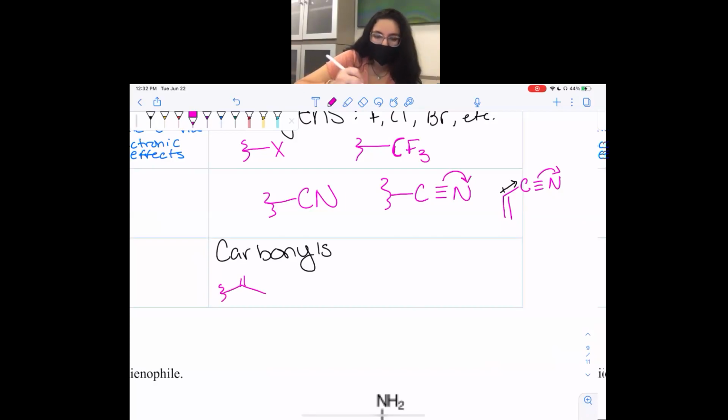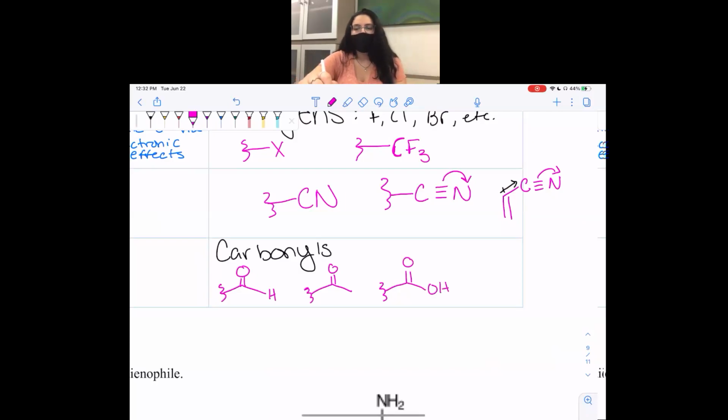We have aldehydes, ketones, and carboxylic acids, and all of these are withdrawing because this double bond is going to take electrons up to the oxygen. So we would have resonance up, which would take electron density from here.